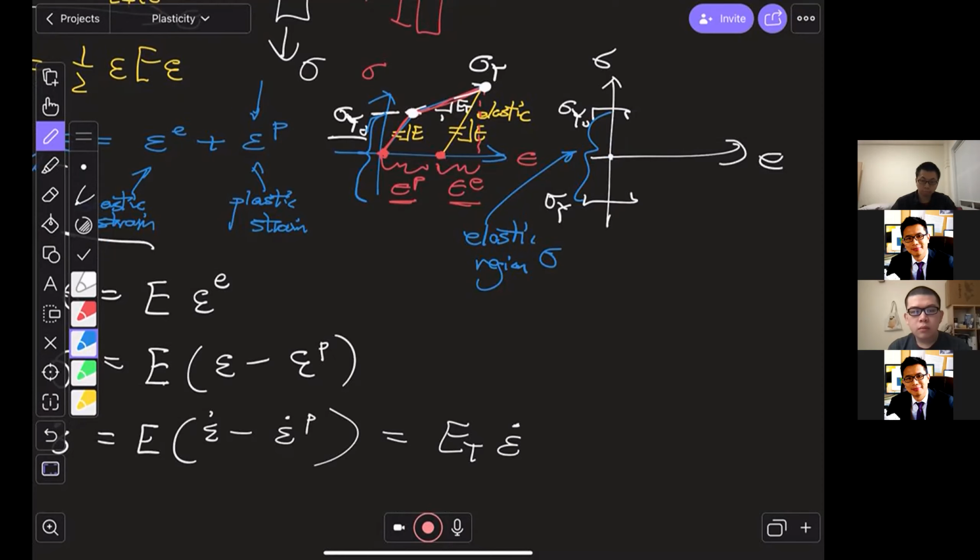So what it means is that if I have a stress that is not bigger and not smaller than this initial yielding point, the response is not path dependent. Once you reach either the upper or lower limit, then this elastic region will change.